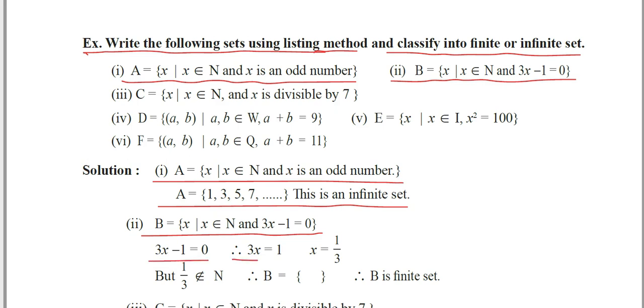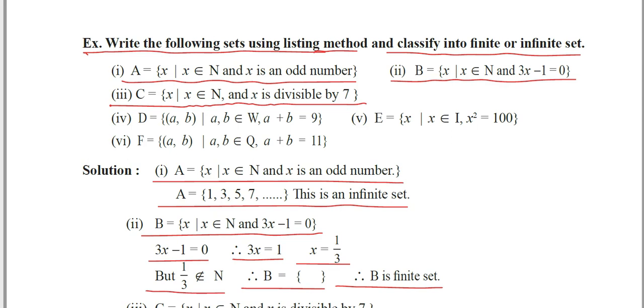Therefore 3x is equals to 1 and x is equals to 1 by 3. But he says that x belongs to set of natural numbers and natural number मध्ये fraction नसता. Therefore 1 upon 3 does not belong to N. Therefore B is a finite set. As it is also empty set, but it is finite set.